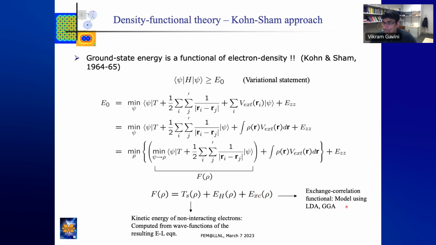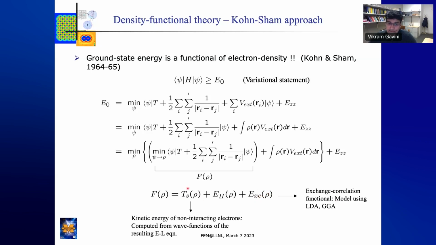There have been many successful models developed over the past 20 to 30 years, which give good transferability across many material systems as well as material properties. But still, this is an active area of research because the accuracy that we get is still not quantum accuracy, and there is a great need to continuously improve the exchange correlation description of density functional theory.